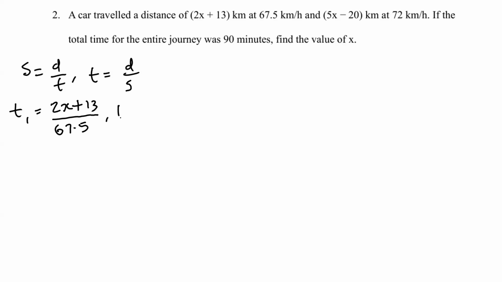So T2 equals to 5x minus 20 divided by 72. If the total time for the journey was 90 minutes, find the value of x. Total time is T1 plus T2 equals to 90 minutes.